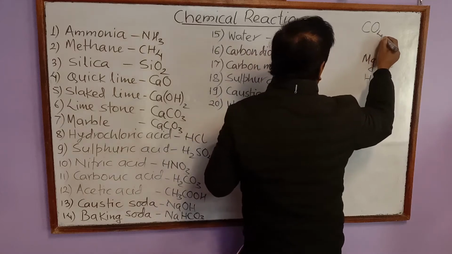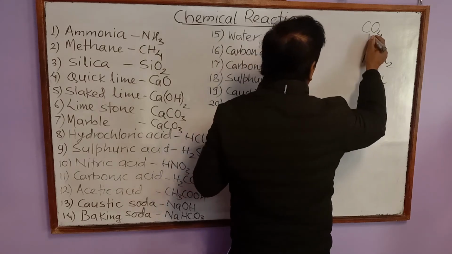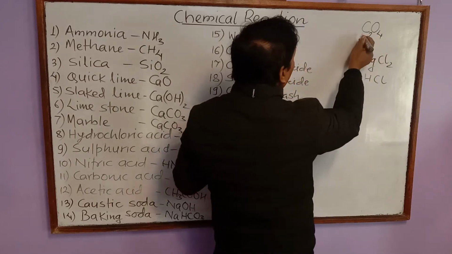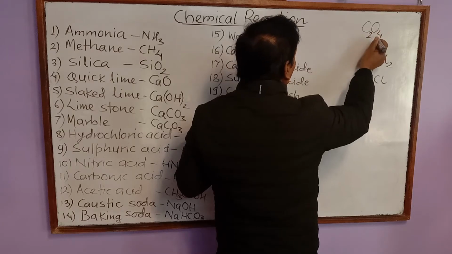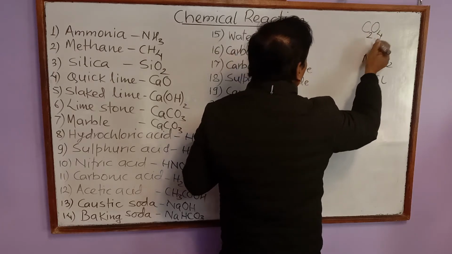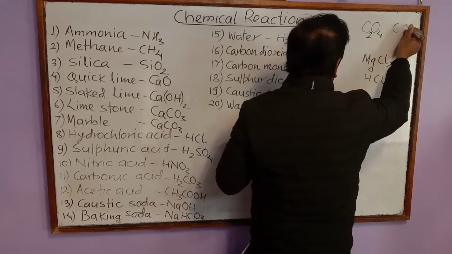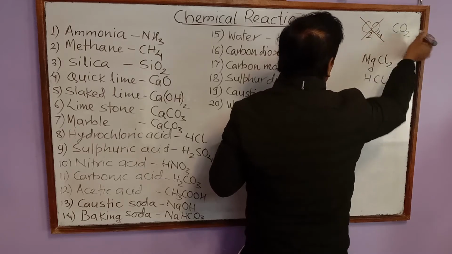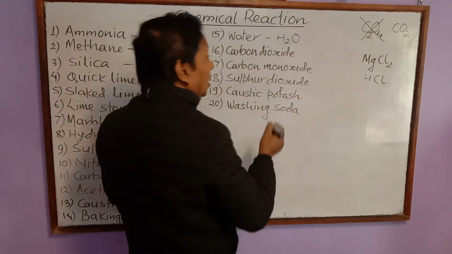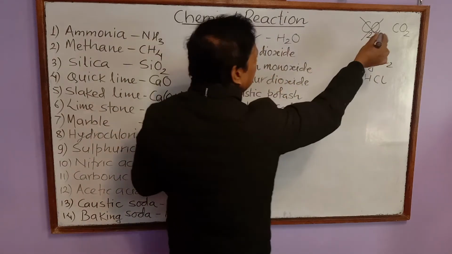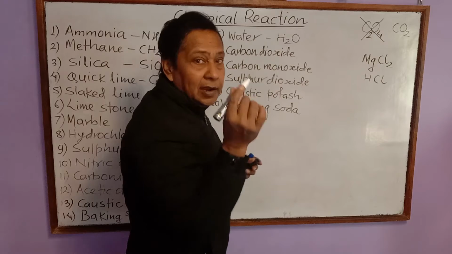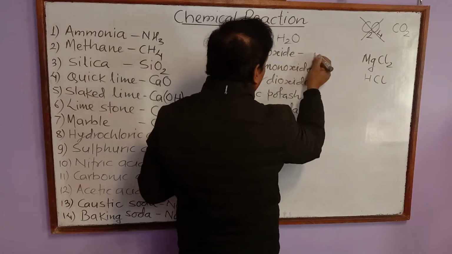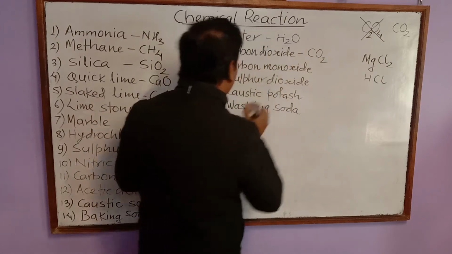Carbon valency 4 is given to oxygen, oxygen valency 2 is given to carbon. 2 atoms of carbon combine with 4 atoms of oxygen. It means 1 atom of carbon combines with 2 atoms of oxygen. That's why instead of writing this, we write CO2. That's why, to avoid bothering with all this explanation, I gave you carbon dioxide, CO2, directly.